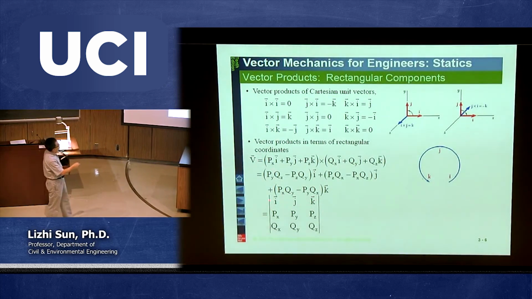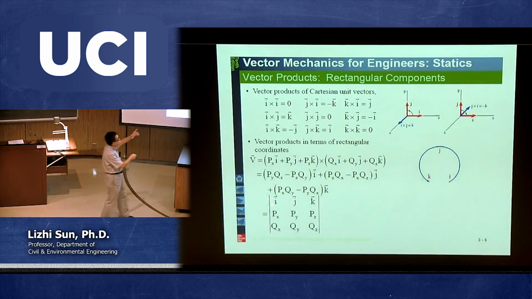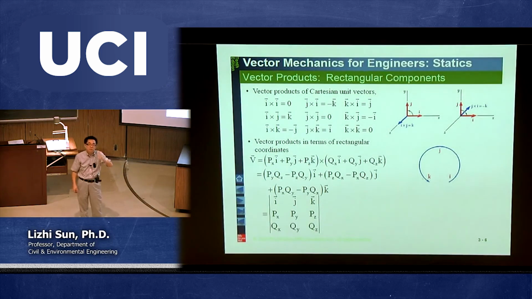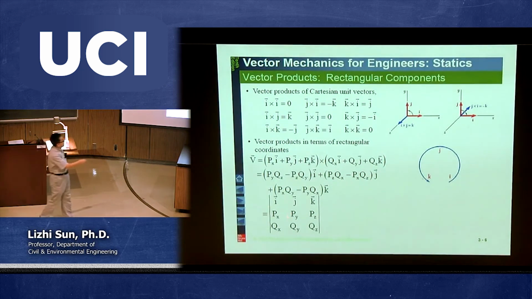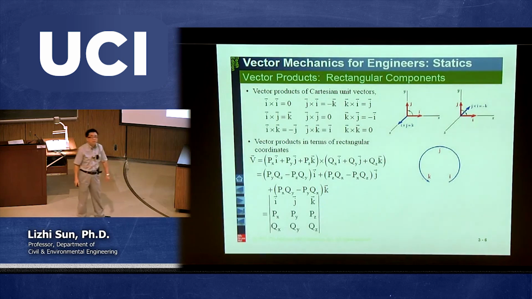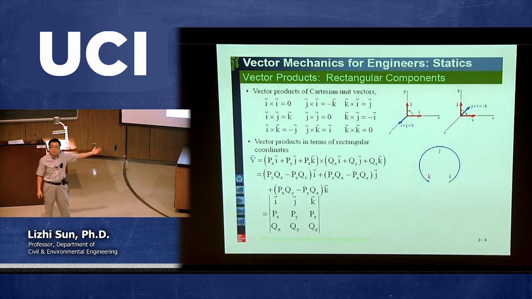You write the first row, which is always i, j, k. Then the second row is the 3 components of the first vector, p, and the third row is the 3 components of your second vector, q. Then you identify those numbers and calculate the determinant of this 3 by 3 matrix.